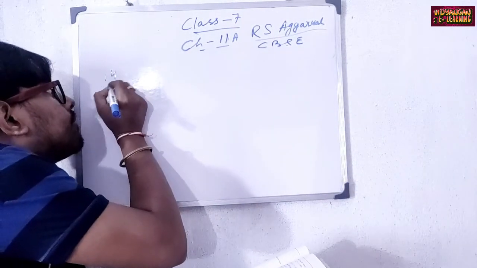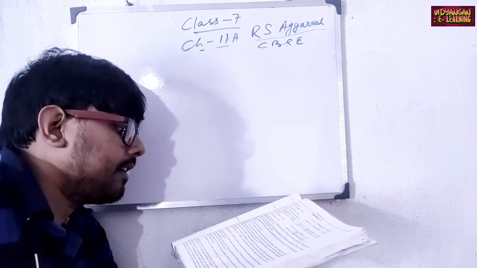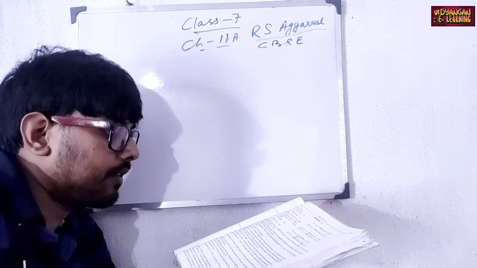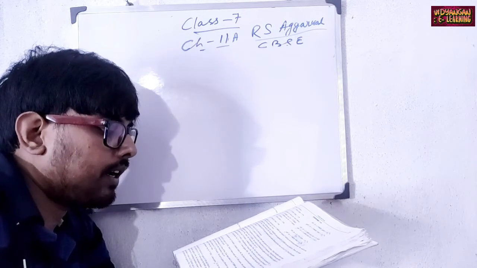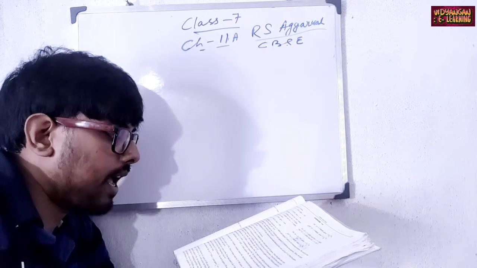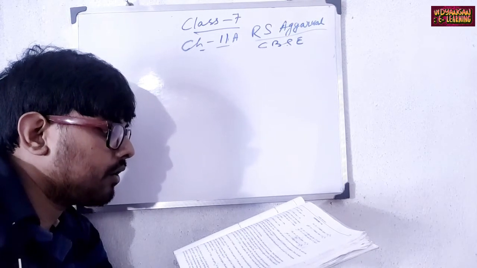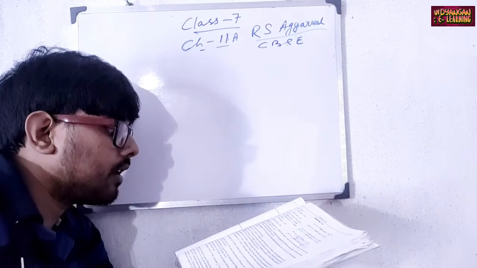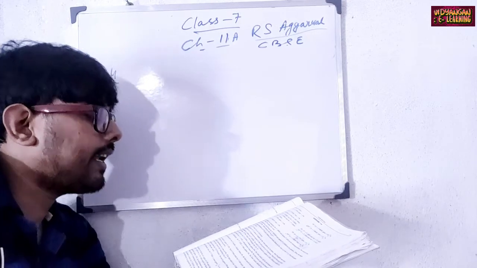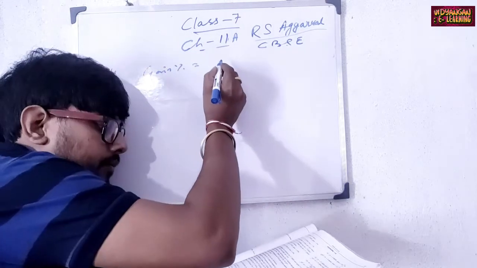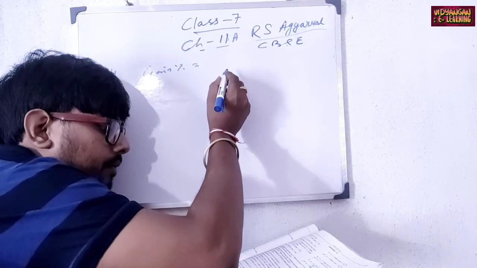Question number 14. It says a tricycle is sold at a gain of 15%. Had it been sold for 108 more, the profit would have been 20%. Find its cost price. So here we have gain percent, that is 15%.